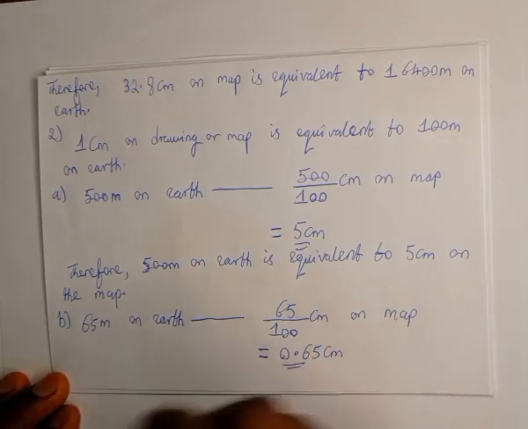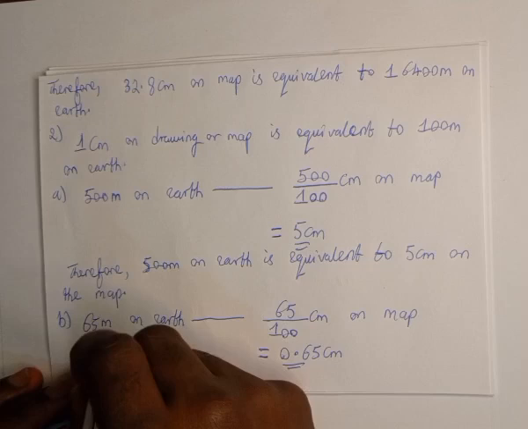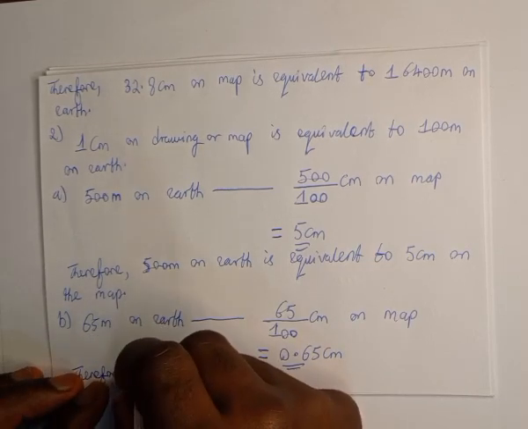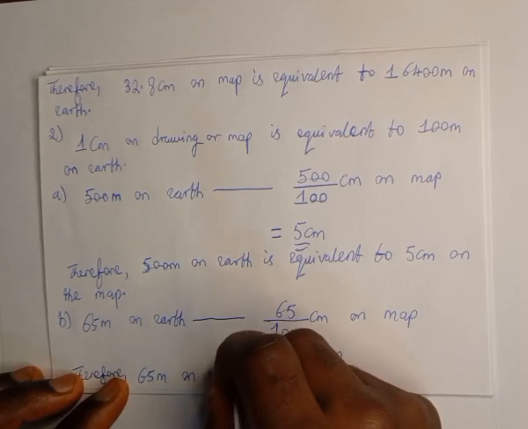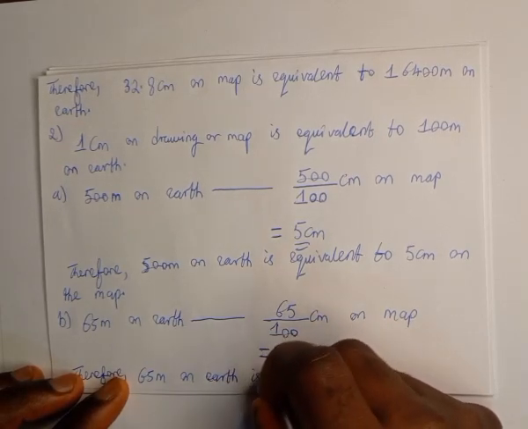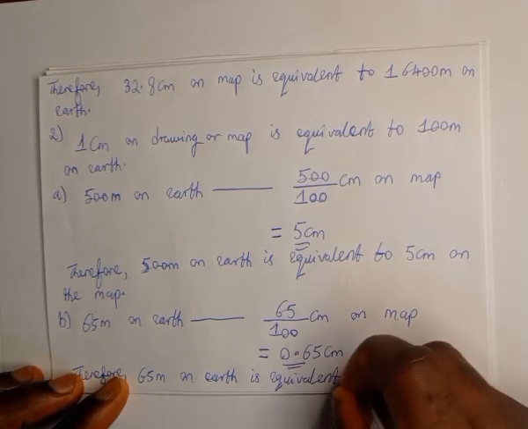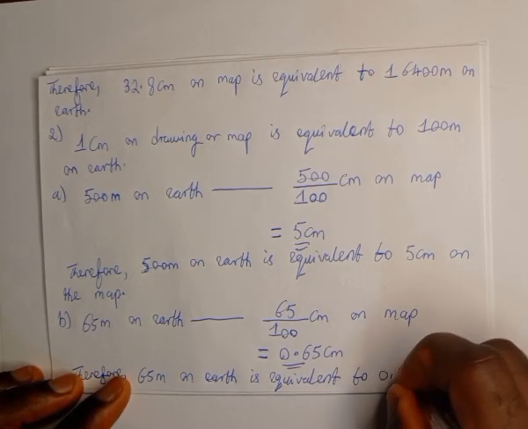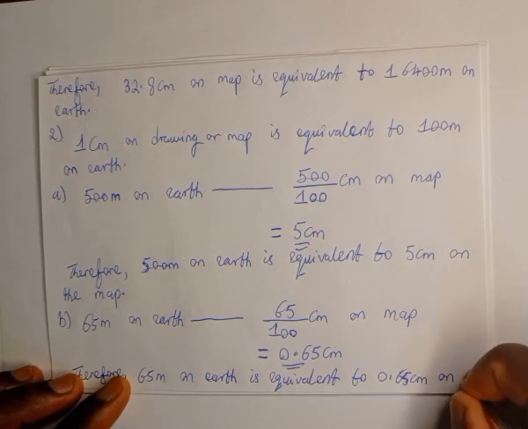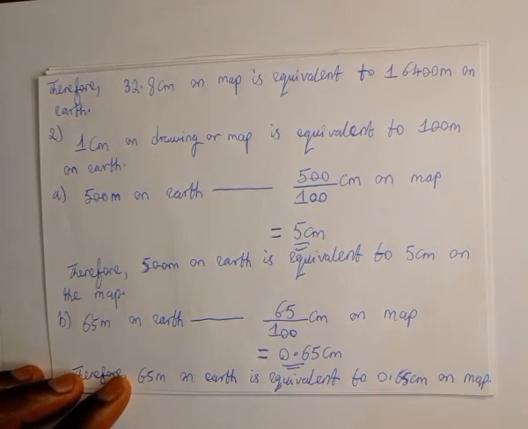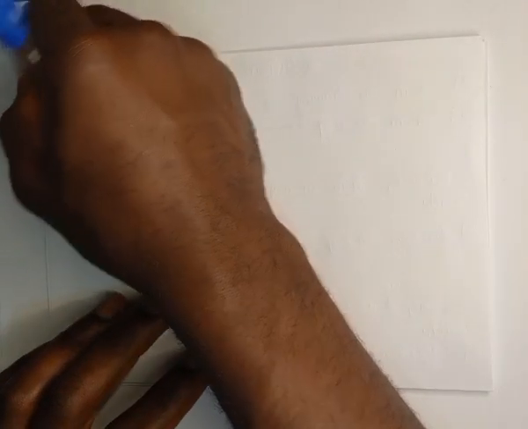We conclude, therefore, 65 meters on Earth is equivalent to 0.65 centimeters on map.